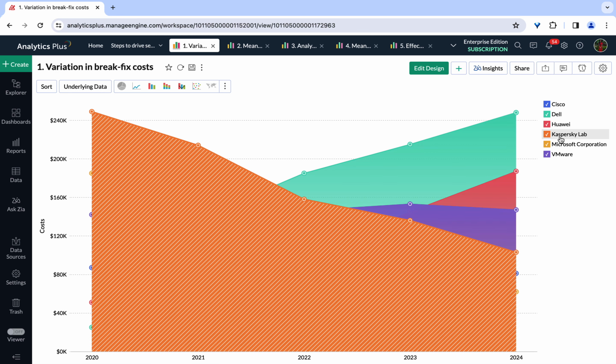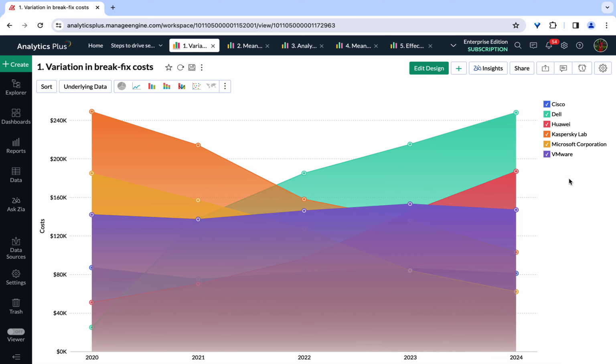However, a decreasing trend in asset break-fix costs over the years points to a cost-efficient acquisition and substantiates its investment. IT managers can therefore funnel the insights from this visualization to streamline asset acquisition plans and ensure future purchases are prudent and efficient.